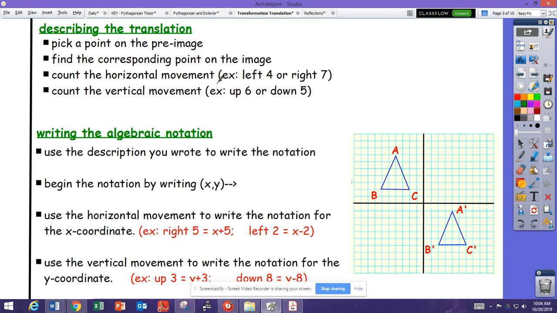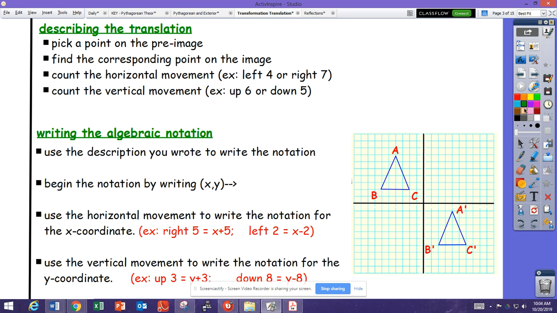All right, so here we have some steps on how you would translate something, and then how you could write the notation for it. In this case, the translation is already done, and we want to describe what happened in the translation and then write an algebraic notation for that. I'll talk about describing the translation, refer to this example over here, and then come back to writing the notation.